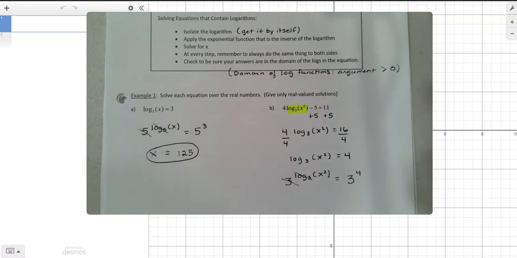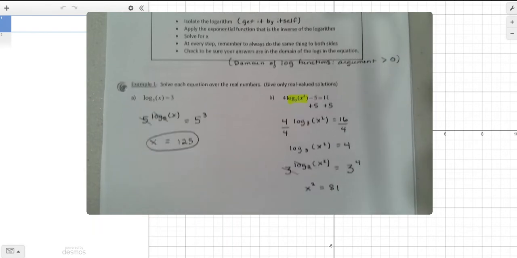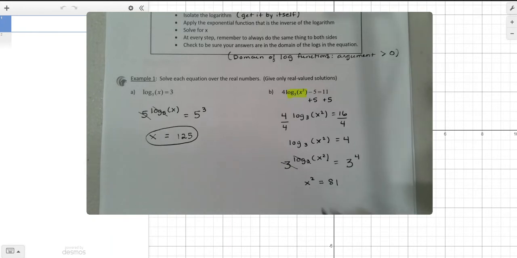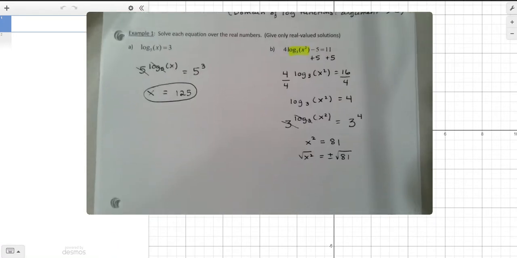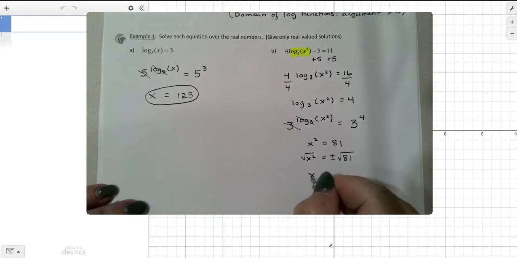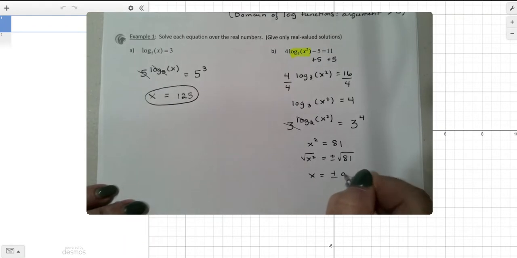Inverse functions, which leaves me x squared equals 3 to the 4th power, or 81. And to solve for x, I'll take the square root of both sides, keeping in mind I need to use the plus or minus when I do that square root method. So x ends up being plus or minus 9.